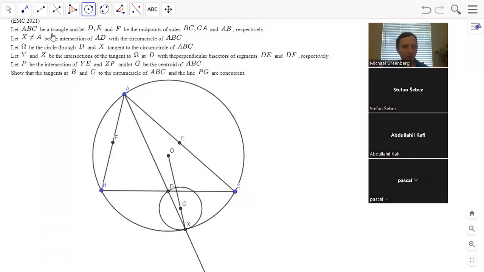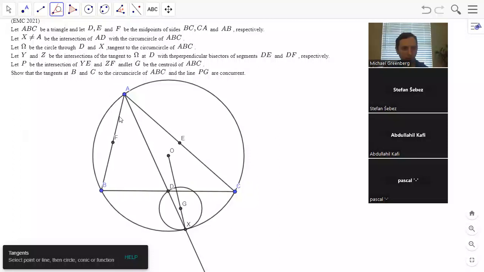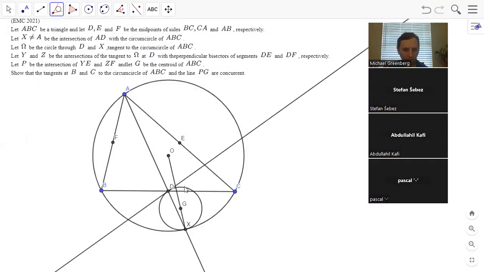And Y and Z are the intersections of the tangent at D with the perpendicular bisectors of DE and DF. Okay.